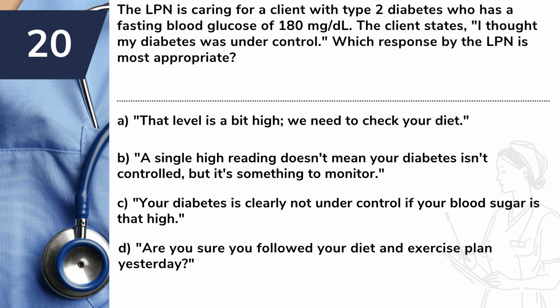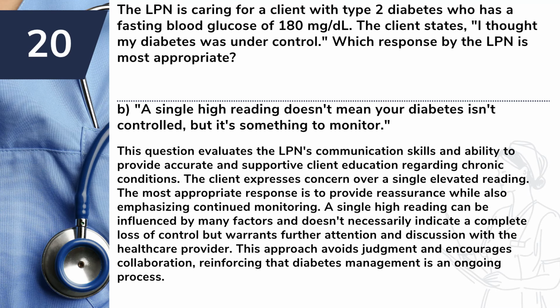B. A single high reading doesn't mean your diabetes isn't controlled, but it's something to monitor. C. Your diabetes is clearly not under control if your blood sugar is that high. D. Are you sure you followed your diet and exercise plan yesterday? Answer B. A single high reading doesn't mean your diabetes isn't controlled, but it's something to monitor.